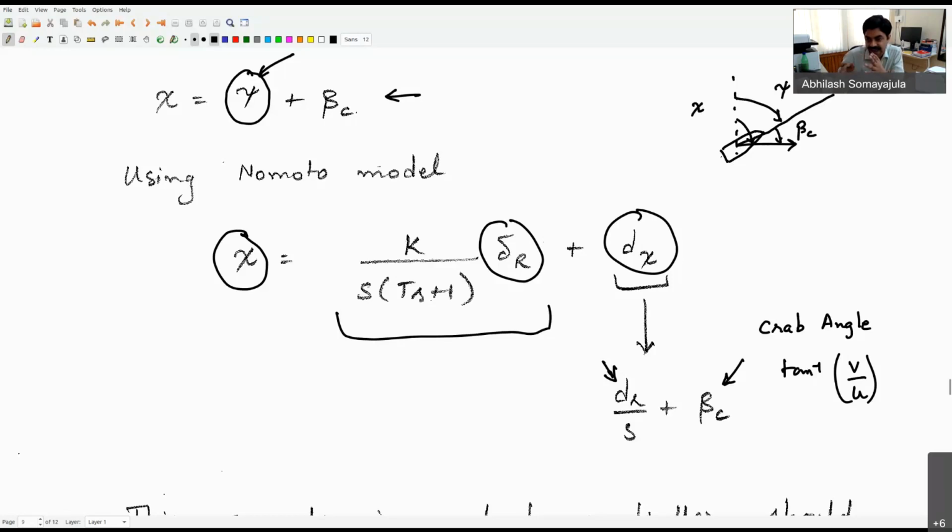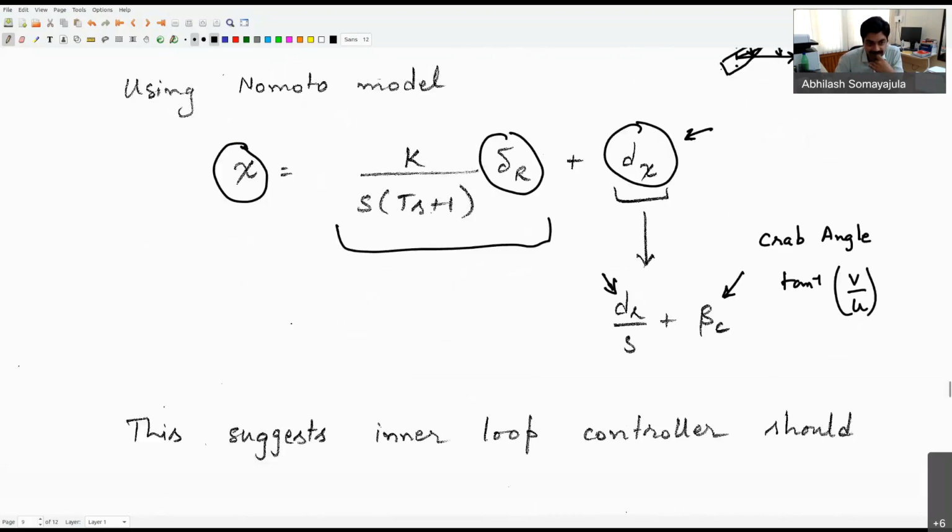It's basically the angle between the longitudinal direction of the ship to where the velocity vector of the ship is pointing. That difference is beta c, which I'm now trying to put as a disturbance term rather than trying to account for its modeling properly.